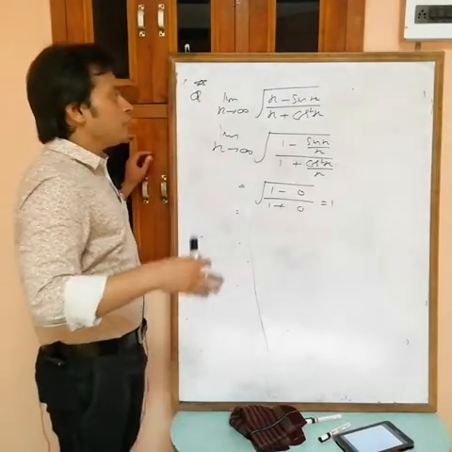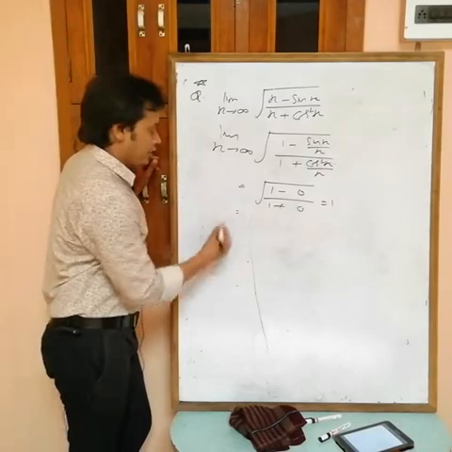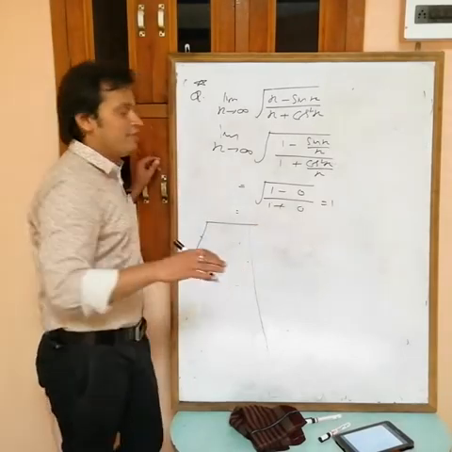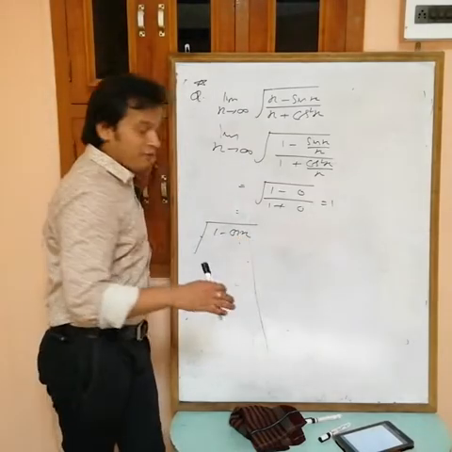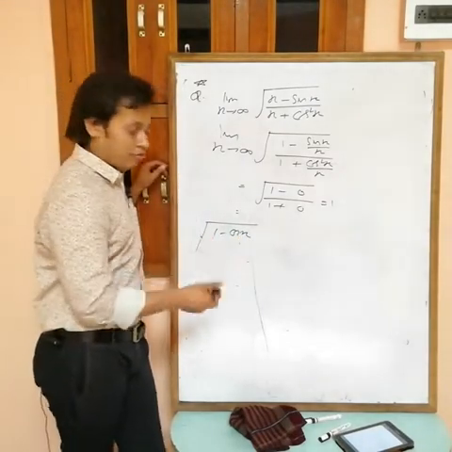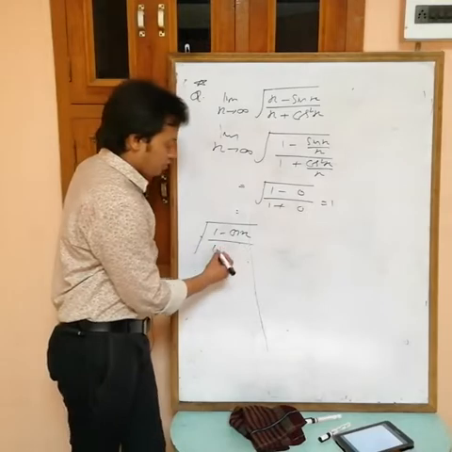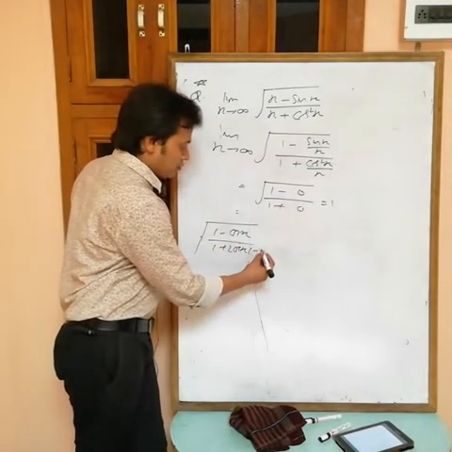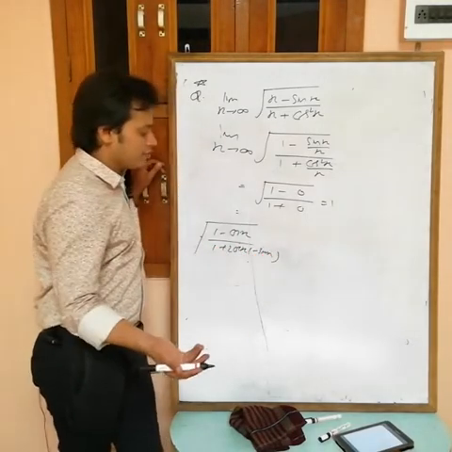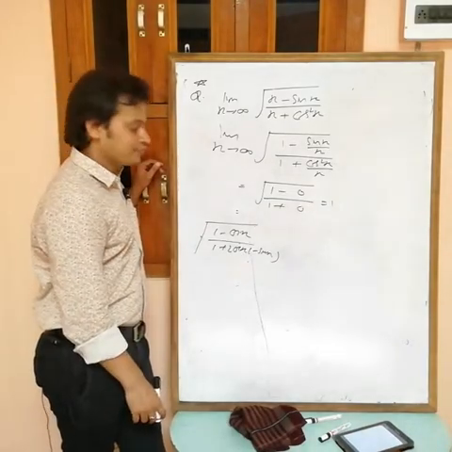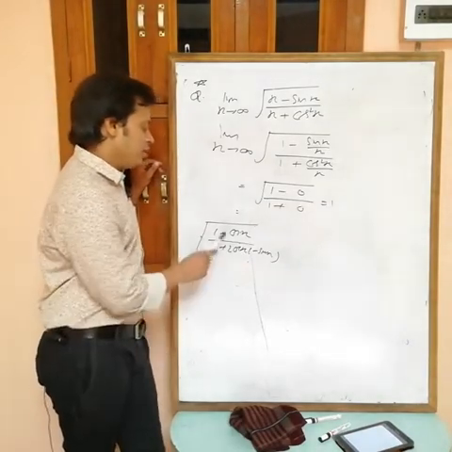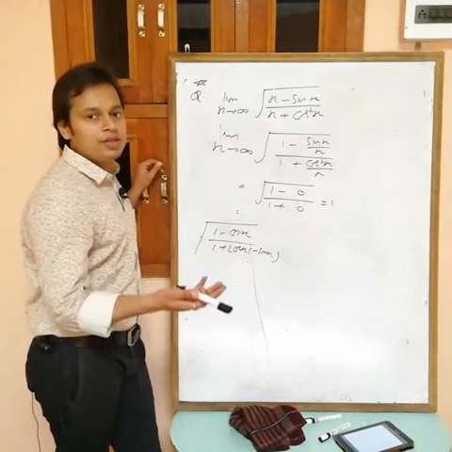And suppose you are using L'Hopital for this one. Derivative of numerator is 1 minus cos x, and in the denominator 1 plus 2 cos x minus sin x. Maybe you will get the same value, but this is not true. If you put x equals to infinity, 1 minus cos infinity, now what about cos infinity?